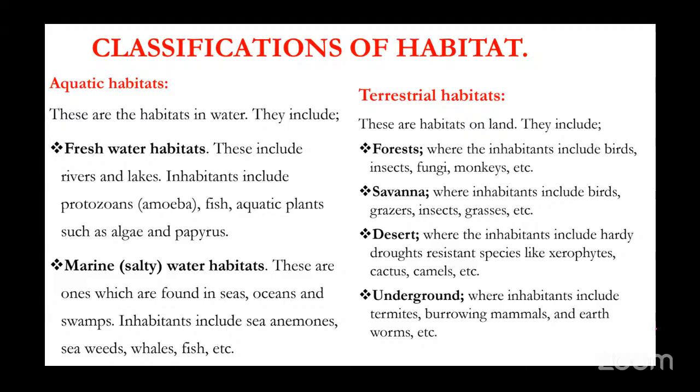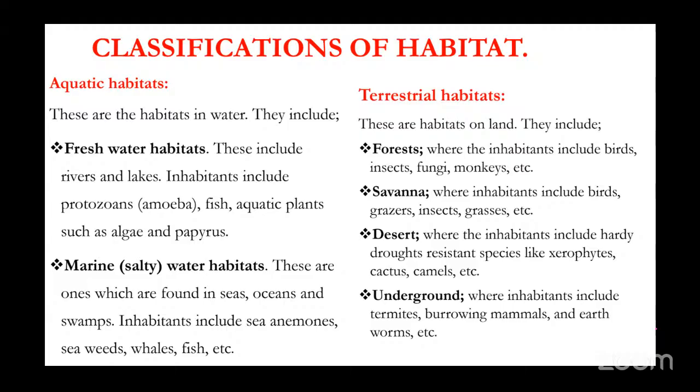That's what they call the freshwater inhabitants, and they include papyrus, algae, protozoa, and fish. Two, we have marine water inhabitants. They include whales, sea anemones, and seaweeds.